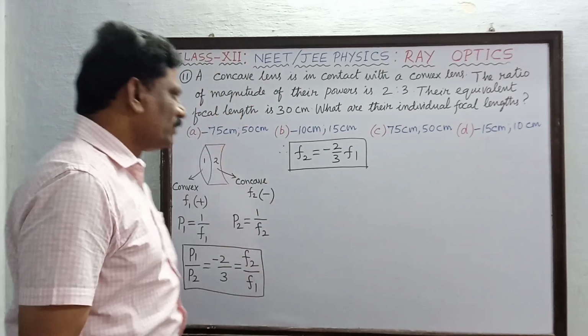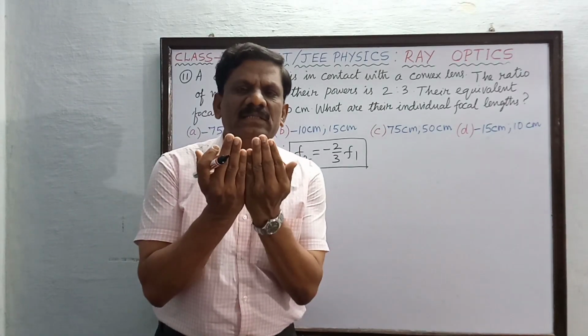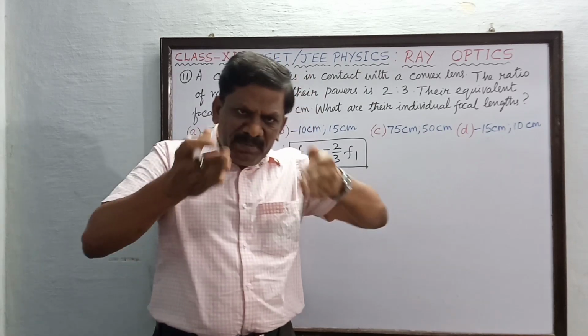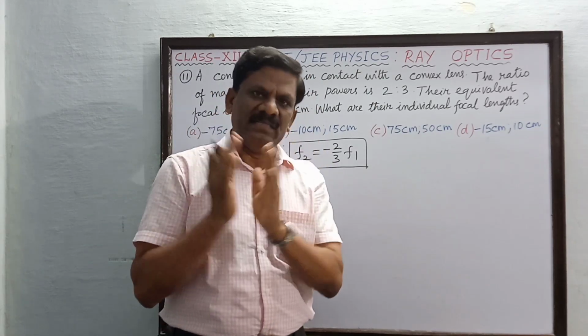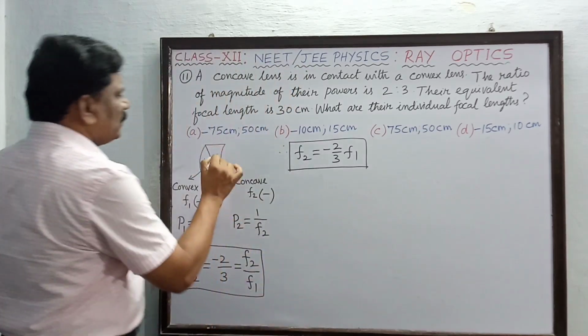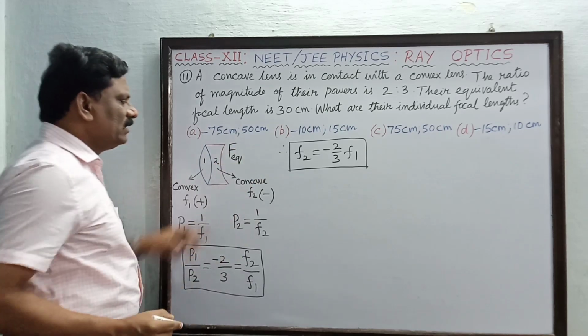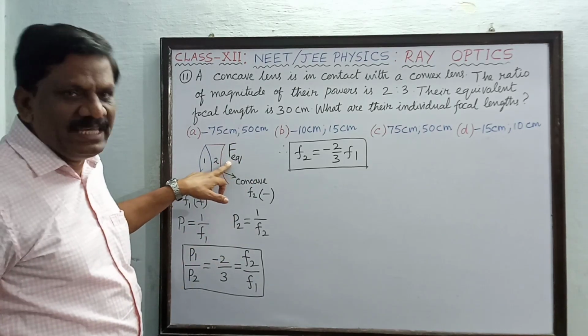Okay students. Now when two lenses are kept in contact, the combination is going to act like a single lens. That is called the equivalent lens. So the focal length of the combination is denoted as f equivalent.